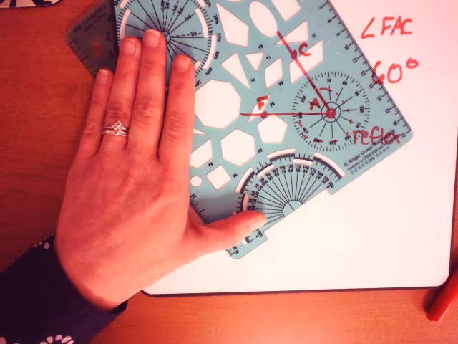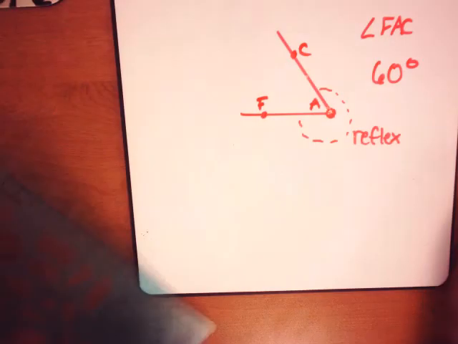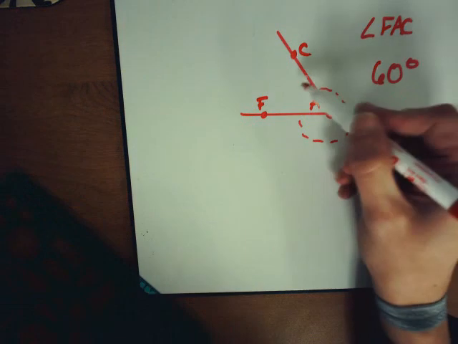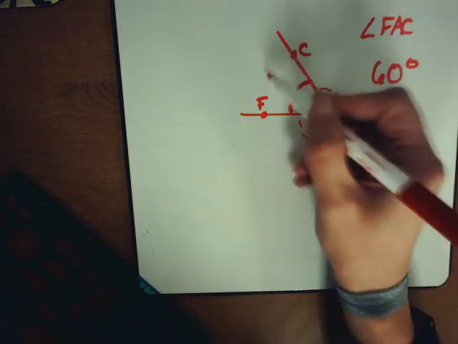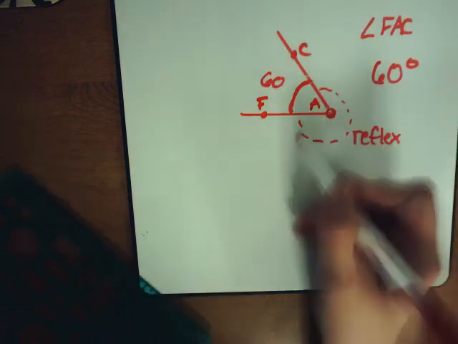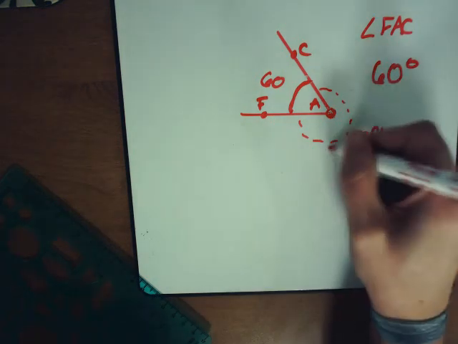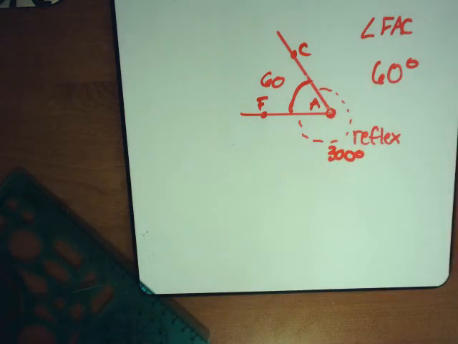Is that reasonable? Yes. Because we know that a circle is 360 degrees. So if this angle on the inside here is 60, then this angle on the outside has to be 300, right? Because 300 plus 60 equals 360. So that's another way to check yourself on whether your answer is reasonable.